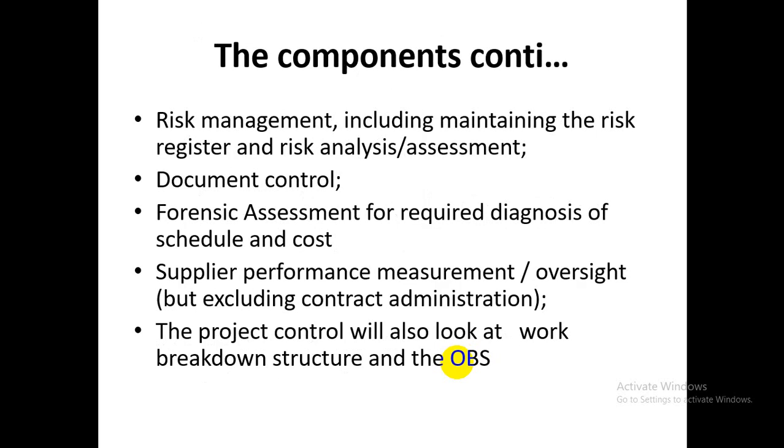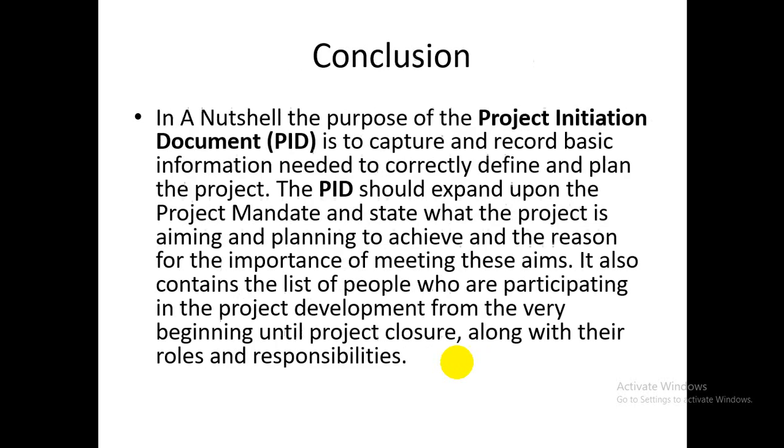We have also risk management, as I talked about, then document controls, forensic assessment, supplier performance measurement, and also the OBS. We shall see OBS in future, as we look at the work breakdown structure, we shall look at the meaning of OBS. Okay.